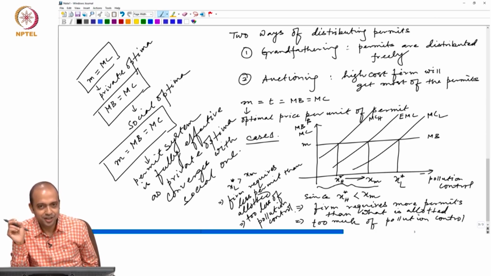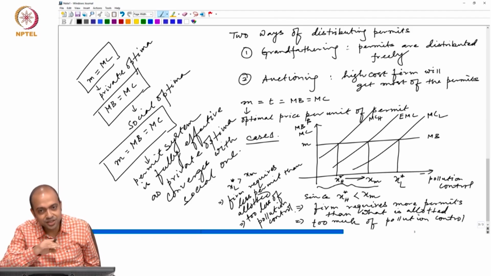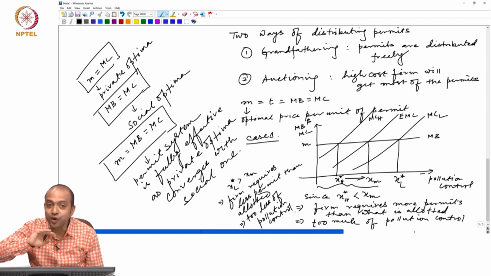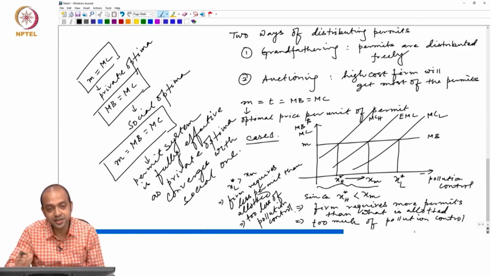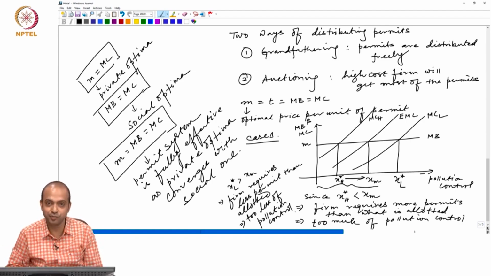But here, since the permit system is not flexible like the emission charge system, just the opposite is happening. Once a permit is allotted, if there is a surplus, the policymaker cannot take the additional permit back. Once permits are allotted, if the firms require more, additional permits cannot be given.